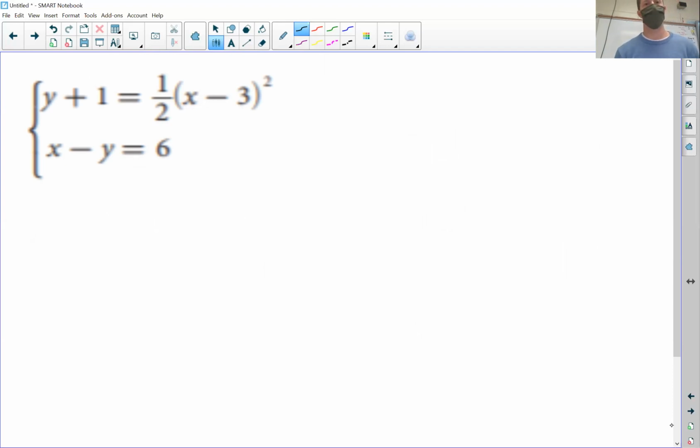Which variable do I want to get by itself? So we're going to get x by itself. In that bottom equation, what do I have to do to get x by itself? So x equals y plus 6. That's what I'm going to plug in to this equation.